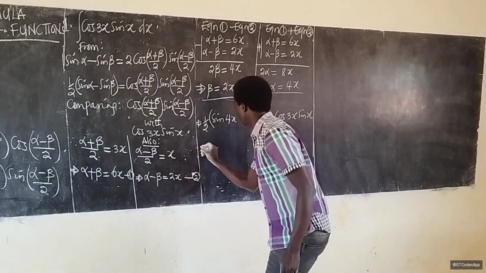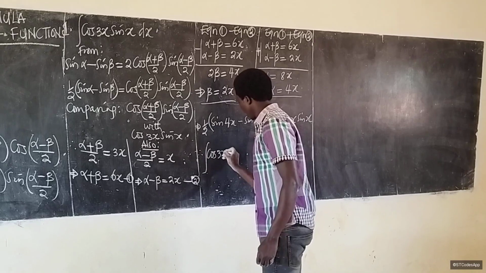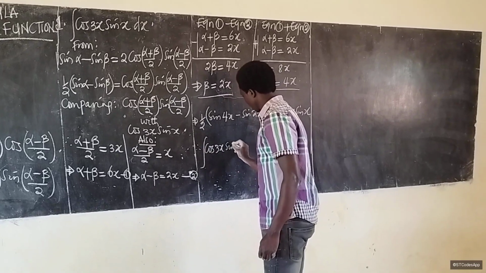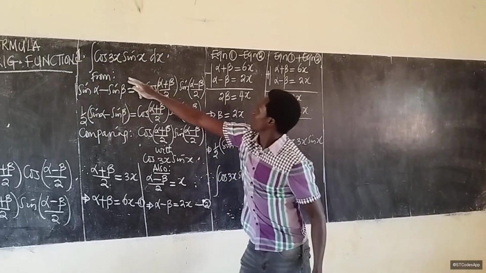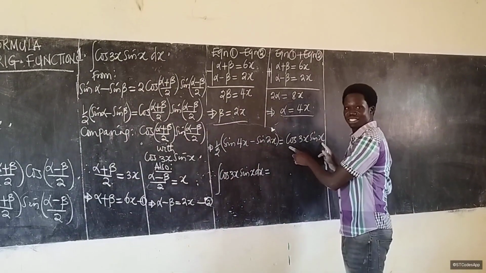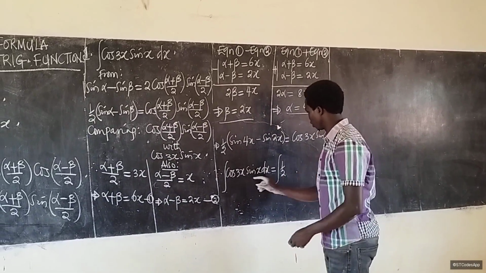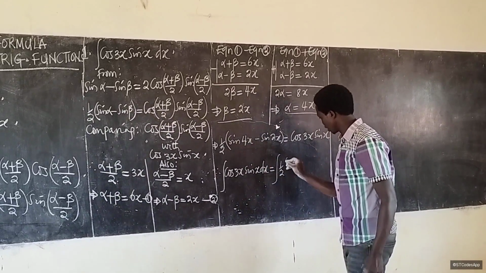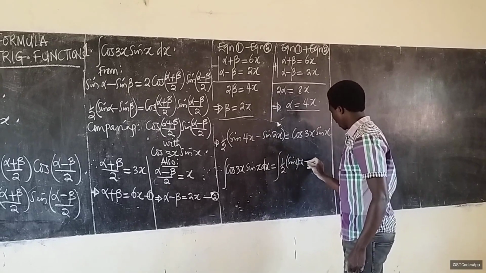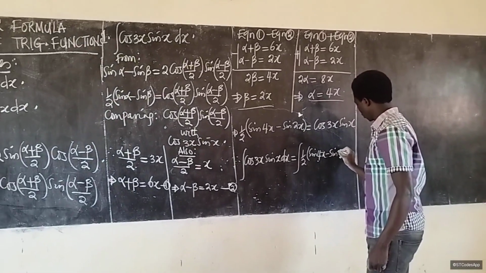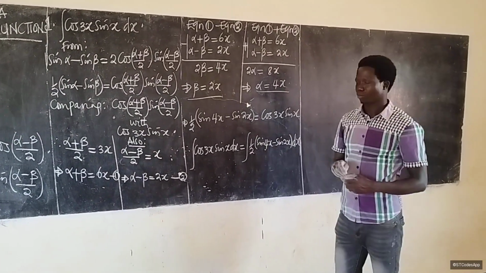So therefore, the integral of cosine of 3x sine of x dx, which is just the same as this, is the same as integrating a half, because the whole of this is this, the same as integrating a half of sine 4x minus sine 2x dx.